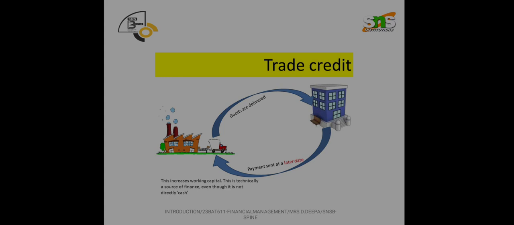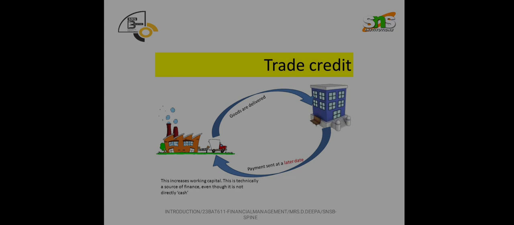See, both the buyer as well as the seller, their production and regular operations have to happen. For increasing that working capital, this trade credit process definitely supports a lot. They cannot simply sit idle, saying since you are not making the payment, I cannot sell the goods.